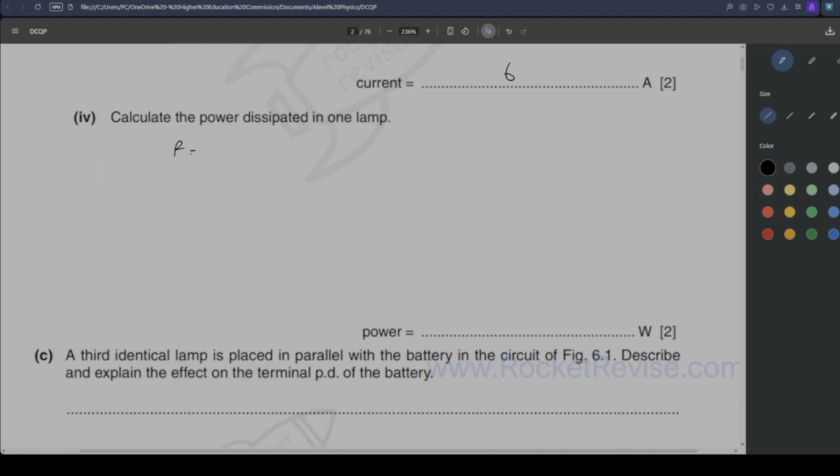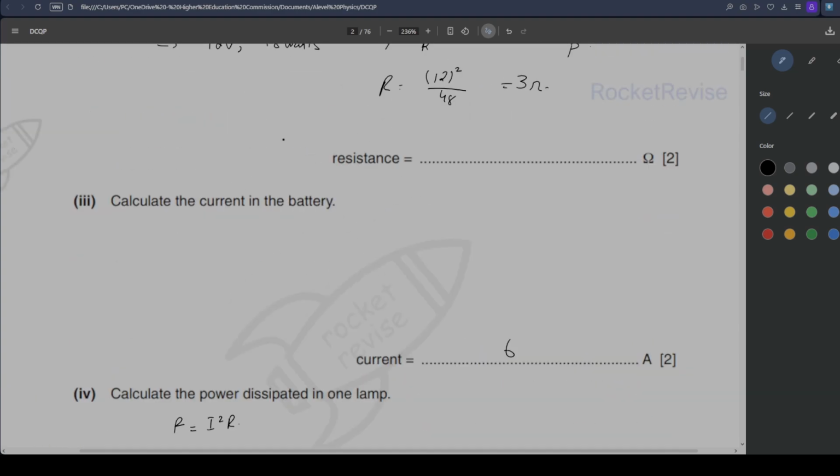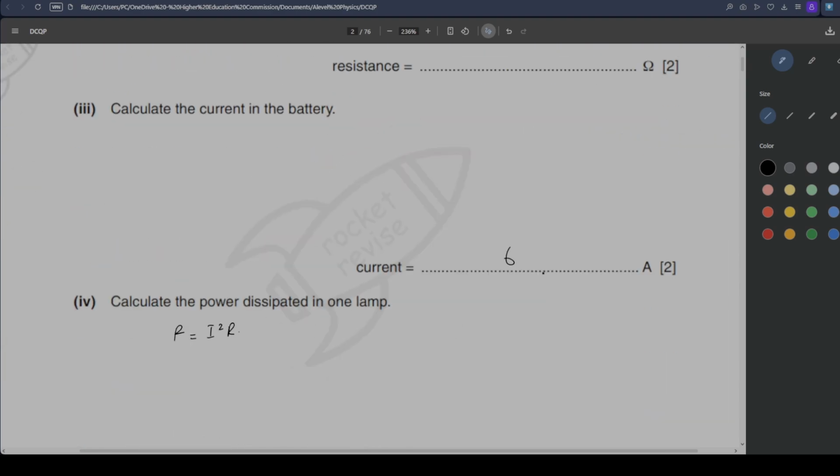Power is equal to I square R. We just calculated the resistance of each lamp in the previous part, which was 3 ohms. So R is equal to 3 ohms.